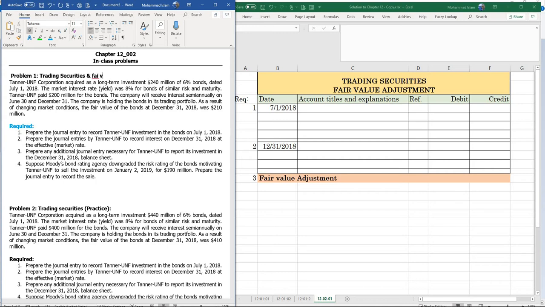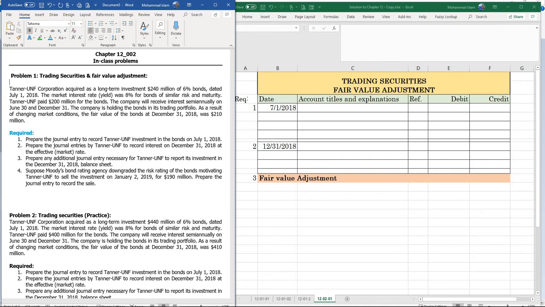Okay, so fair value adjustments. Fair value adjustments means that sometimes you have purchased some securities and the fair value of the securities may be more than your face value or less than your face value. So the difference should be adjusted.